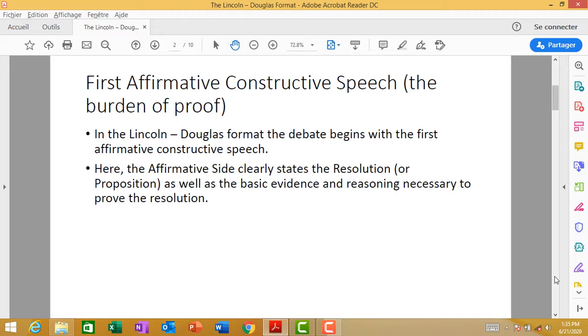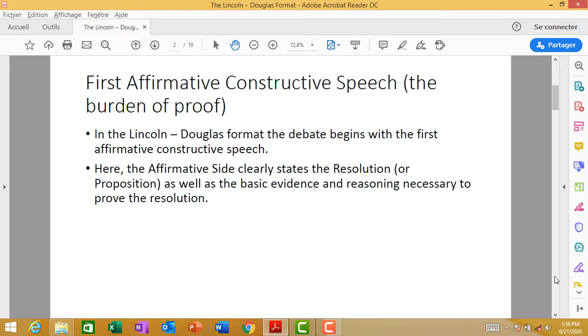So in the Lincoln-Douglas format, the debate begins with the first affirmative constructive speech. Here the affirmative side clearly states the resolution or proposition, as well as the basic evidence and reasoning necessary to prove the resolution. This is pretty much what they did in the parliamentary debate format.